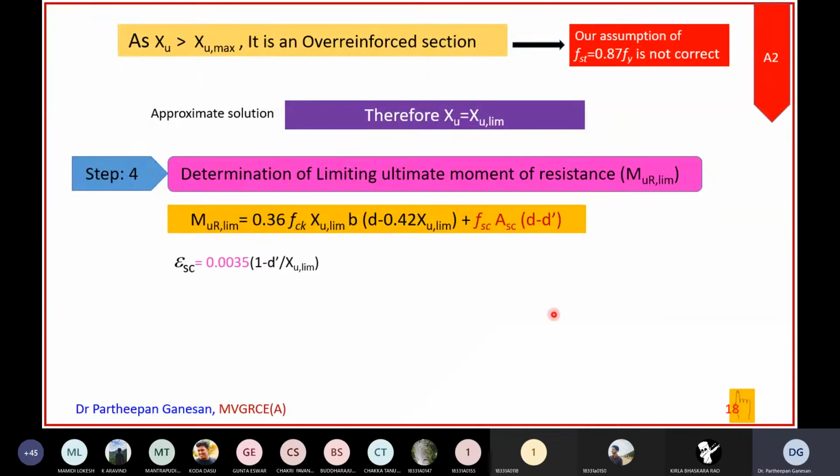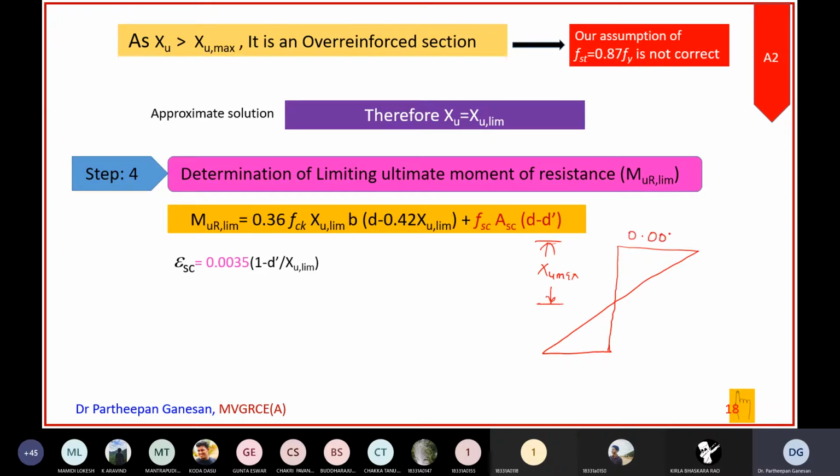Now, how will you find out the strain value? You know, from the strain diagram, this is your Xu max, because your Xu has become Xu max. This is the critical depth of neutral axis.